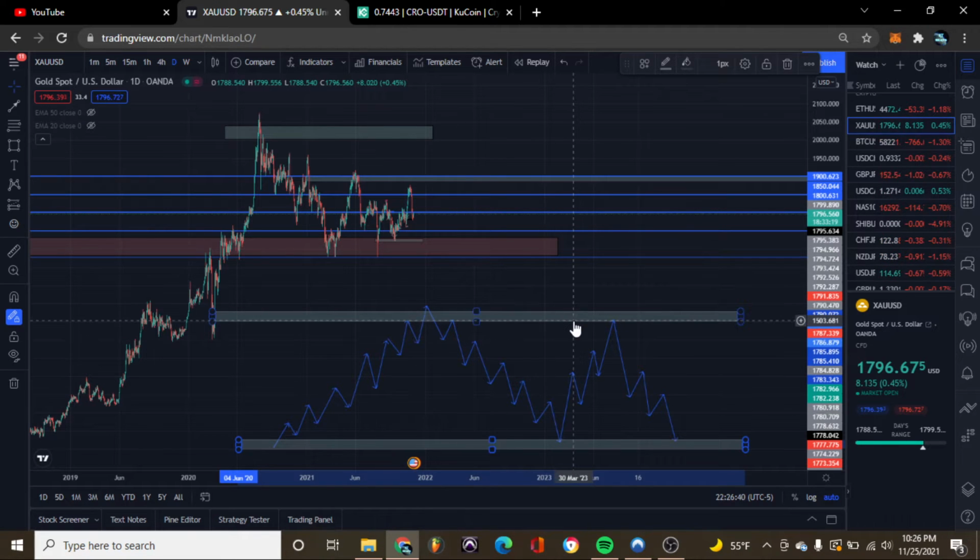Alright, so the main thing is support and resistance. This line up here is resistance. This line down here is support.